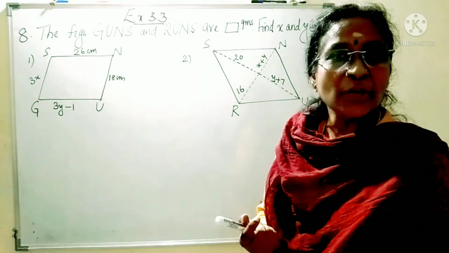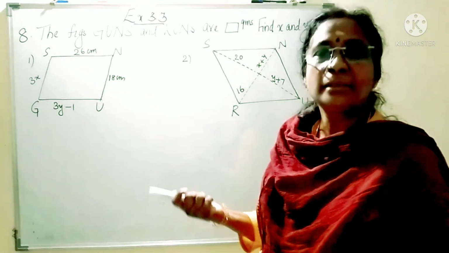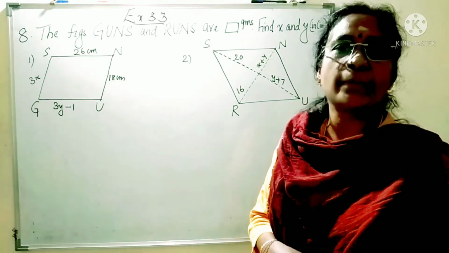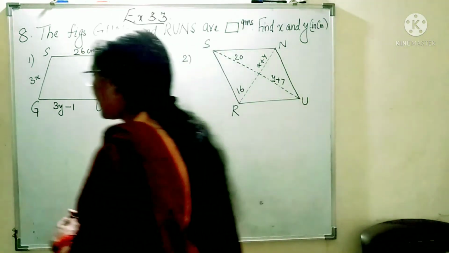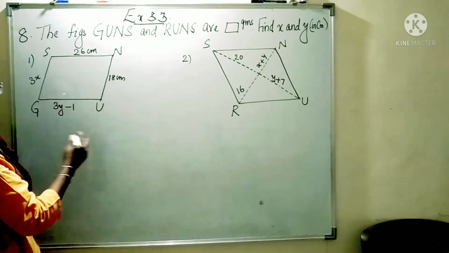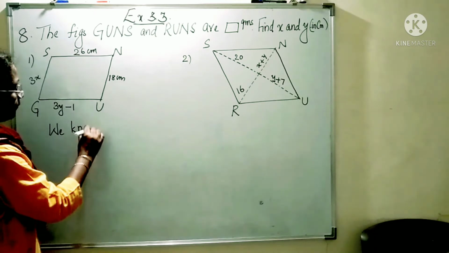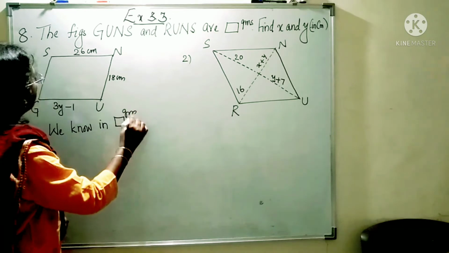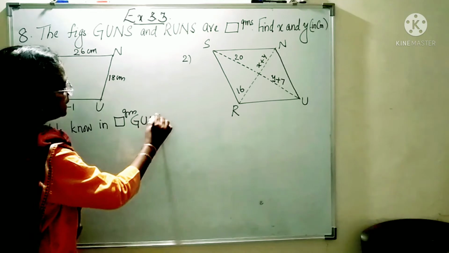Now what are the properties of the sides of a parallelogram? Opposite sides are parallel and equal. So we are going to use that property. The opposite sides of a parallelogram are equal. So what do we know about this parallelogram GUNS?